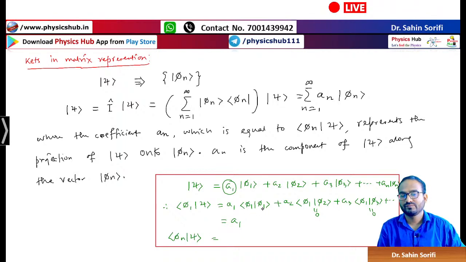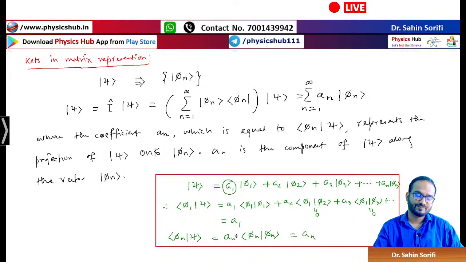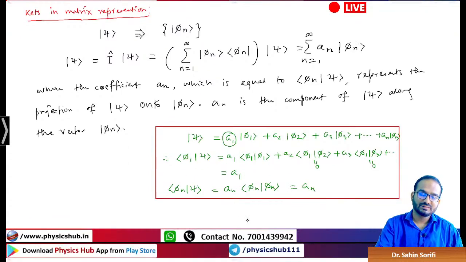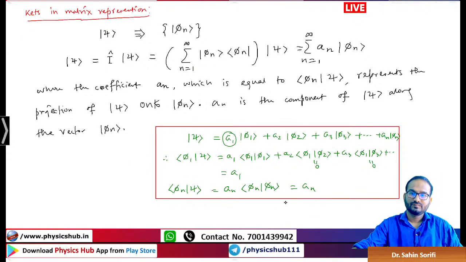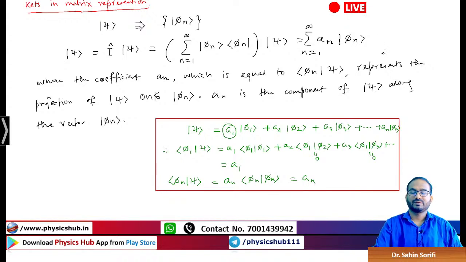Phi n phi 1 is 0, phi n phi 2 is 0, all the terms vanish; only a n phi n phi n survives, which is 1, so that will be a n. That is why bra phi n psi is equal to a n. Now is it all clear, crystal clear? This is a very important one.